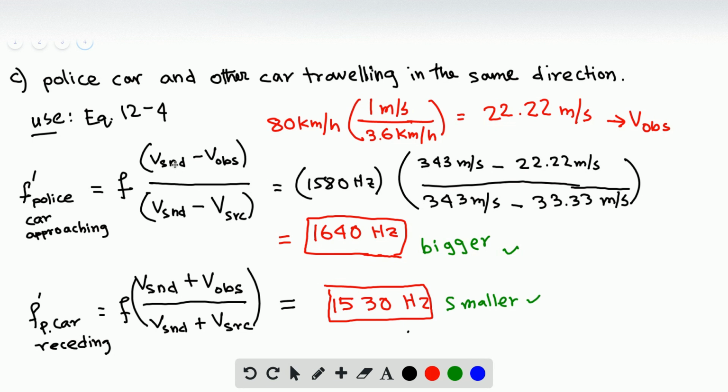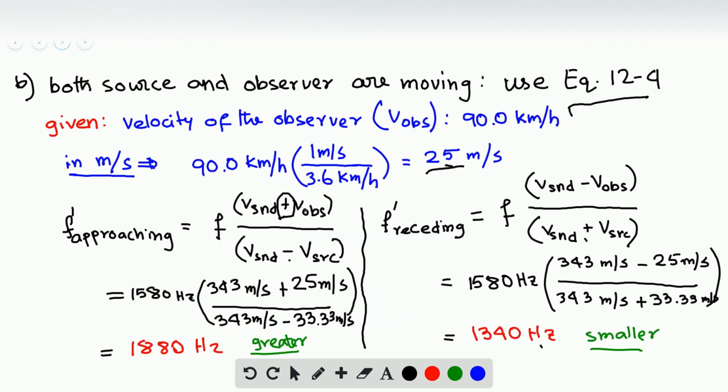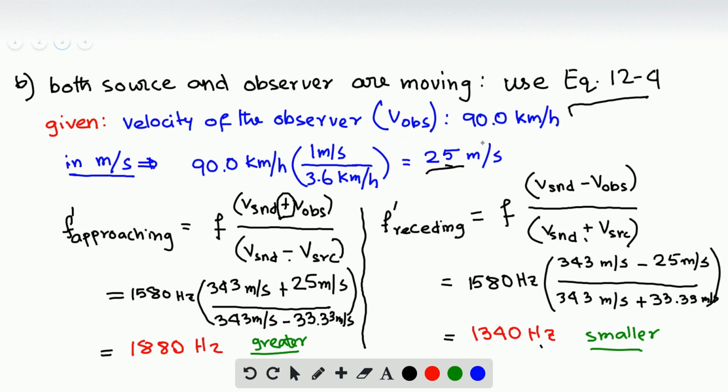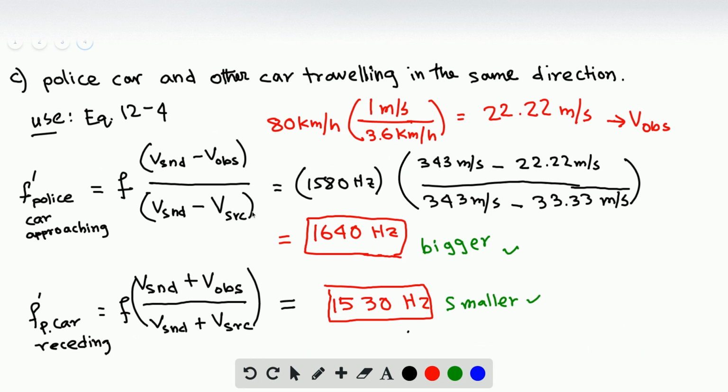The only difference from the previous equation is the sign on the top. Similarly, for the second equation, when the car is receding, you have a positive sign on top and a negative sign here, but the sign in the denominator remains unchanged.